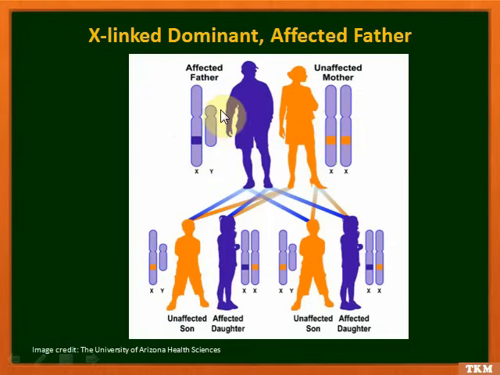As we can see, the father can pass on the Y chromosome to the sons. This is the reason the sons are unaffected, whereas the father passes on the X chromosome to the daughters, and this is the reason the daughters are affected. Now, being a dominant X-linked condition, here the daughters are affected, not carriers. If this would have been recessive, the daughters would have been carriers.